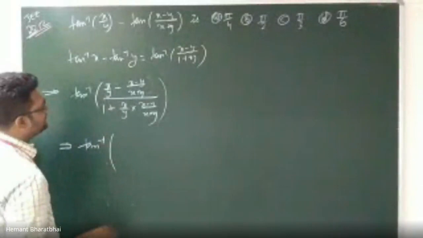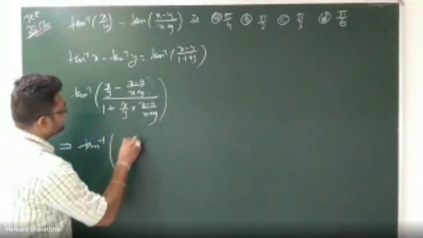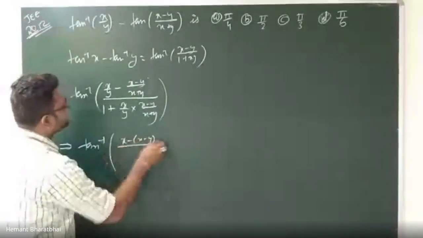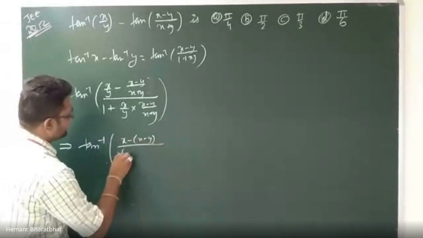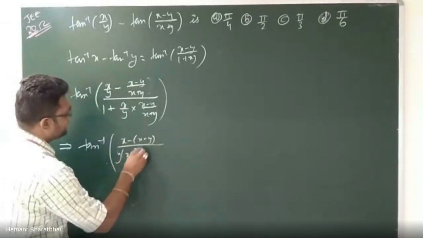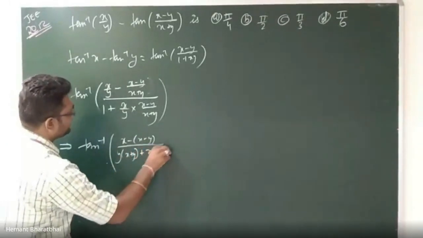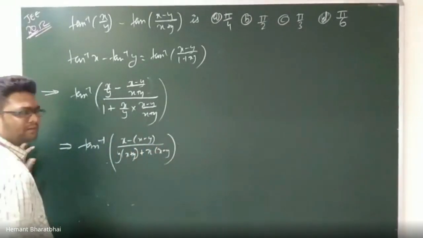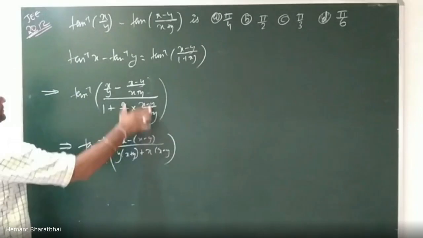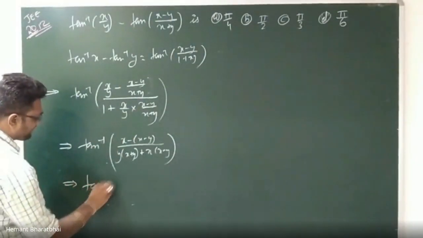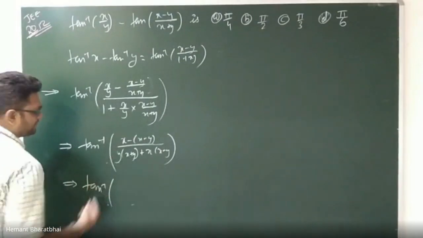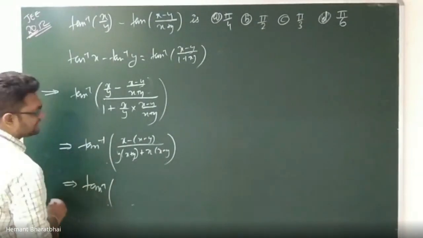It will be tan inverse of (x minus y) upon, here, y into (x plus y) plus x into (x minus y).